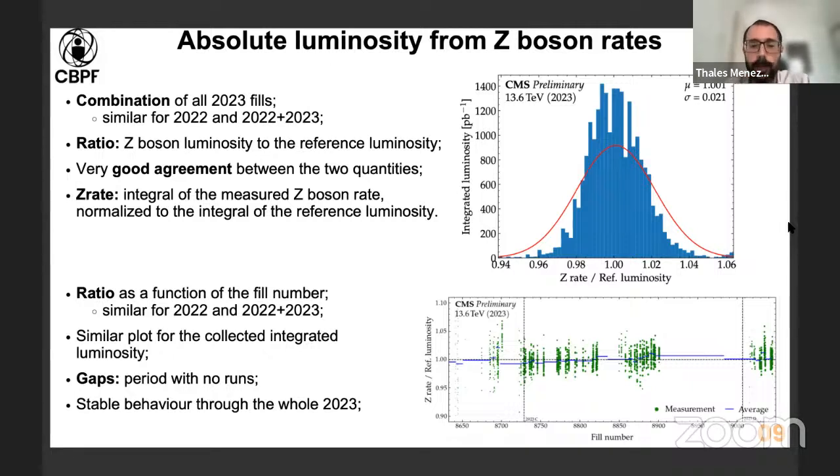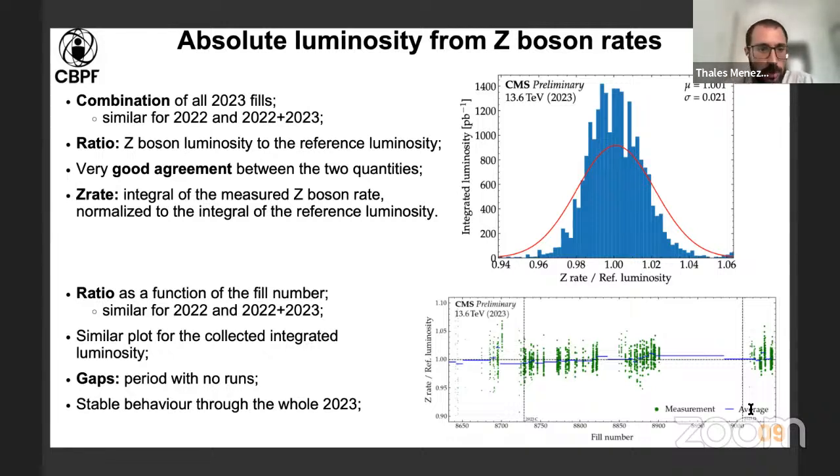You can see that you have a very stable behavior throughout the year. The value is around 1, and we can further develop similar plots for both 2022 and 2022 plus 2023, so it's a possibility as well. The scatter plot could also be derived as a function of the integrated luminosity instead of the field number, but I think the field number provides a more explanatory view of the method.